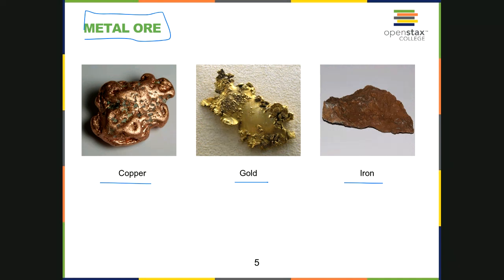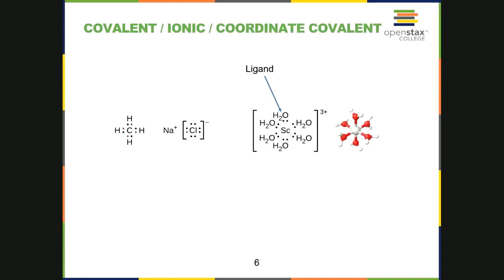Didn't have a lot to say there really, but we're going to go now to coordination chemistry. And what this slide is doing is it's showing us the difference in these 3 different types of bonding arrangements.